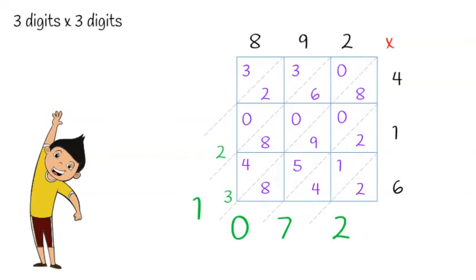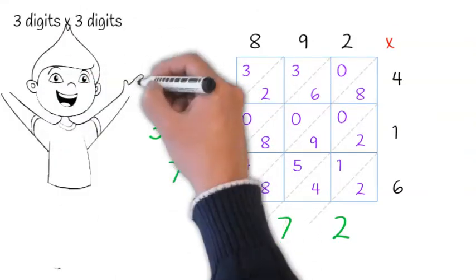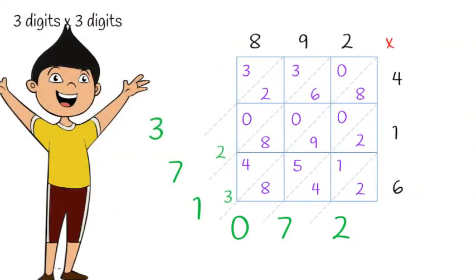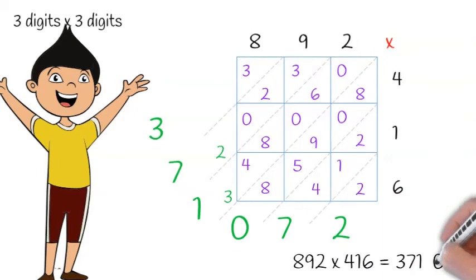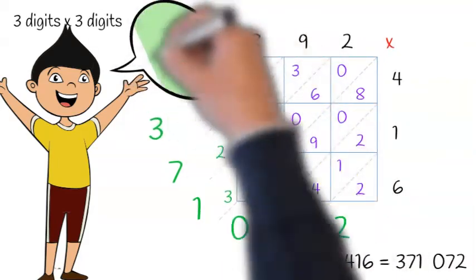So 1 down and carry the 2. 3 plus 2 plus 0 plus the 2 we carried is 7. And finally, just a 3 at the top. So there we have it. 892 times 416 is 371,072. Did you get that?